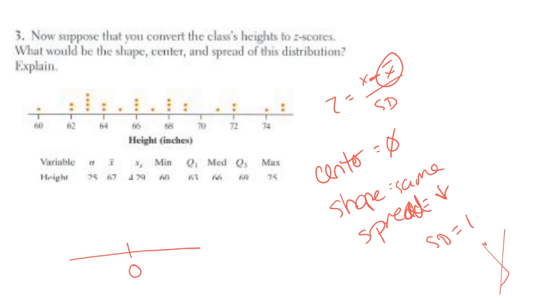I end up with a standardized curve that has a mean centered at 0 and a standard deviation of 1. I get that curve if I make a plot of the z-score of every single data point in our set. So that's what would happen. We'll look at lots of examples and work with this, because we really need to get a handle on it and be very comfortable with it as we move into more calculations using these items.